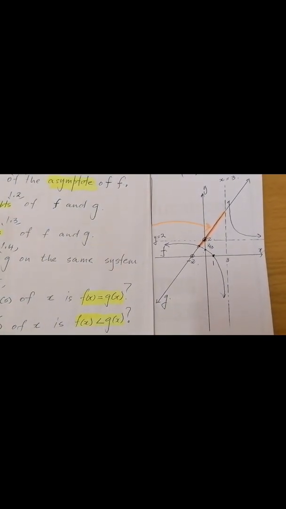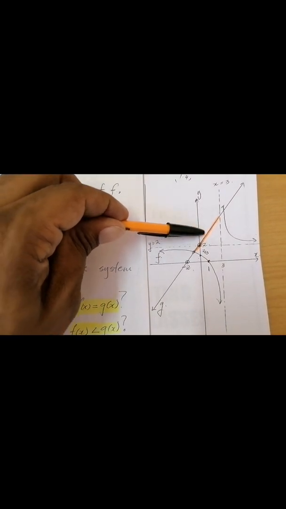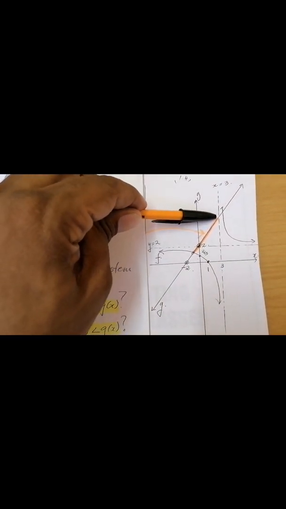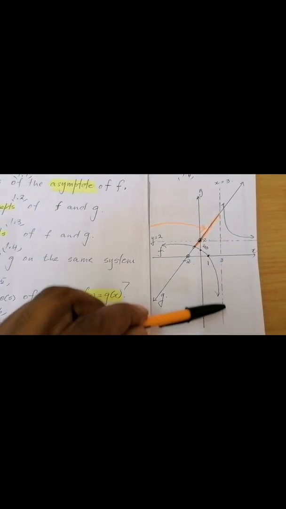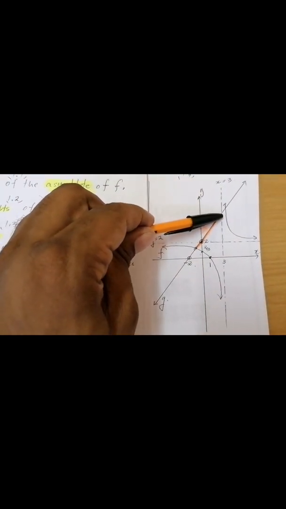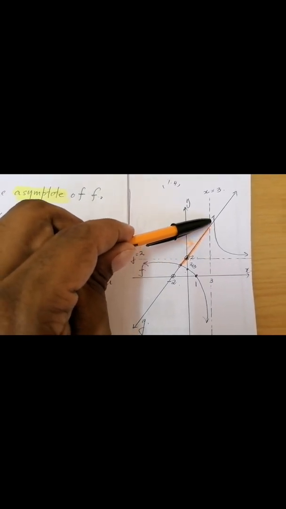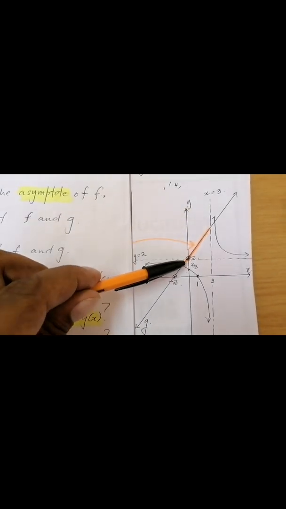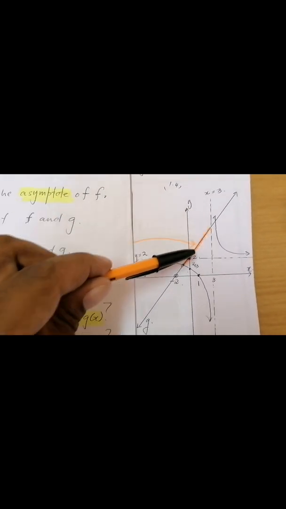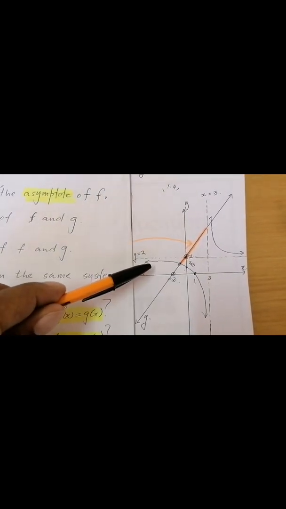I want g to be above or on top. If you move from that orange one up until, remember now, f is not allowed to touch this line. You should be fair now. Up until before this line, we stop. We can see that g is above f.